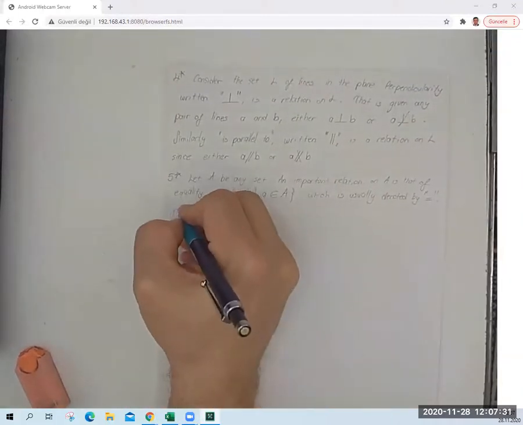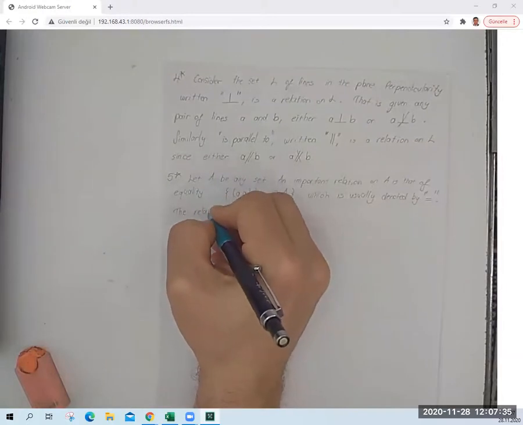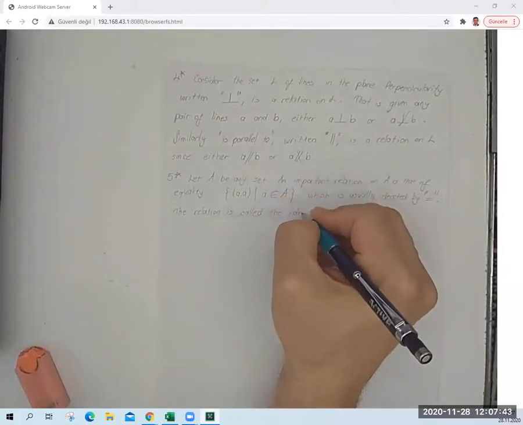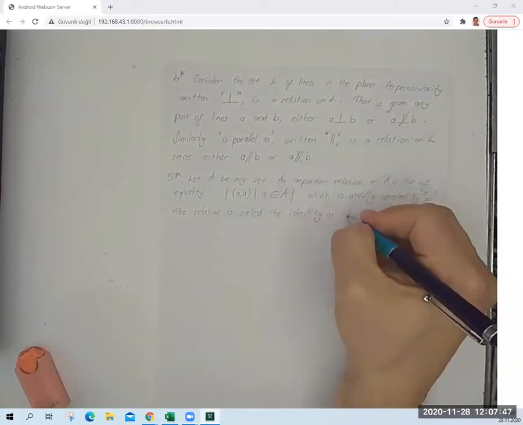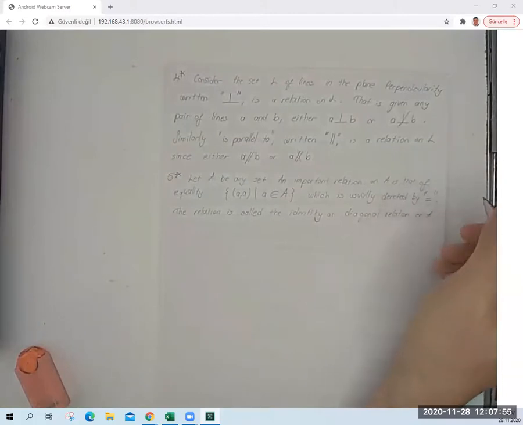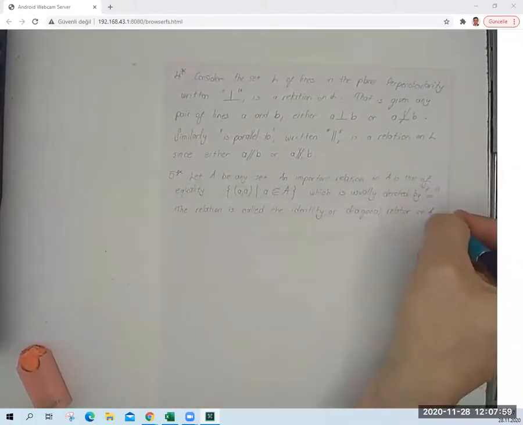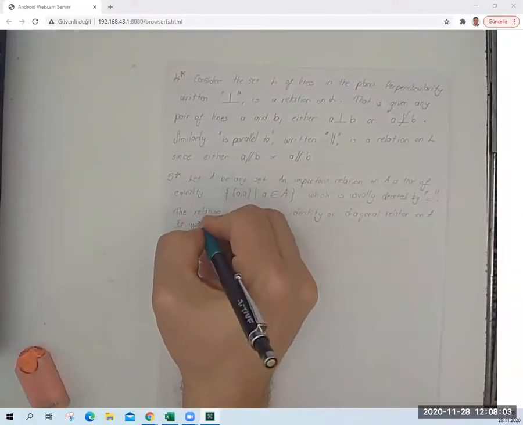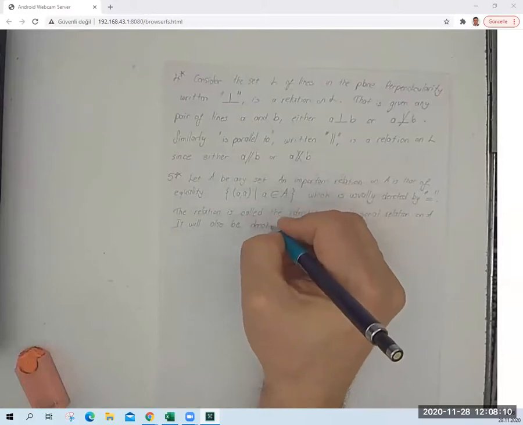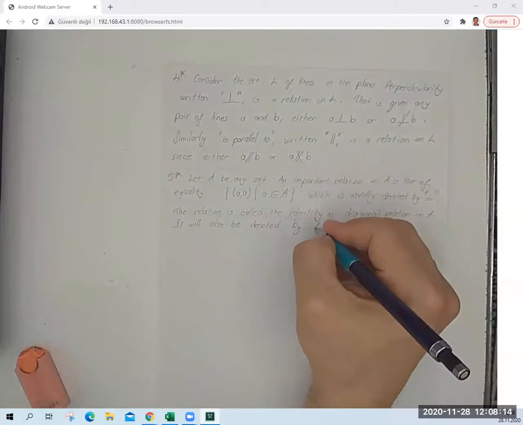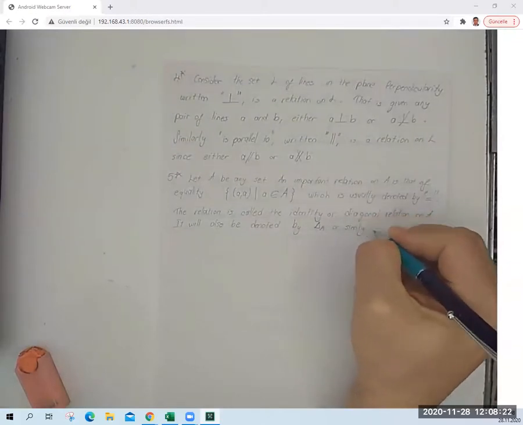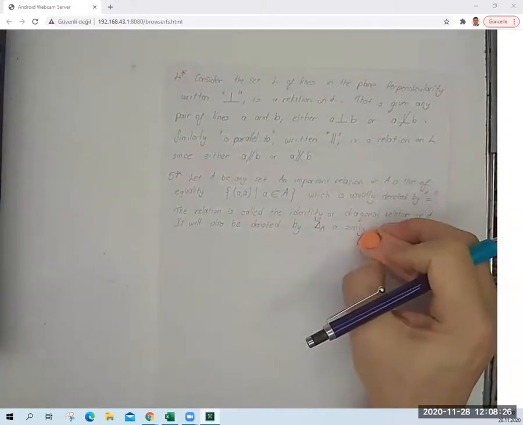The relation, but there is something different, is called the identity or diagonal relation on A. It is also denoted by delta A, or just delta. I'm sorry, delta, not A.